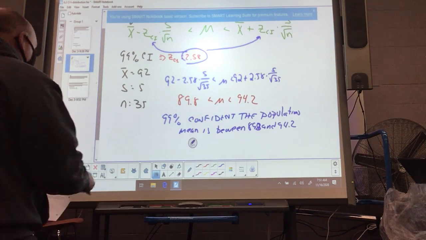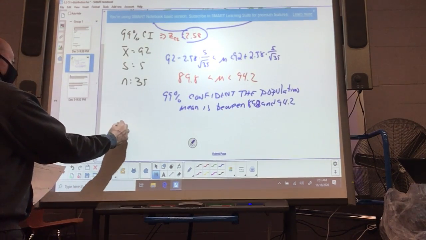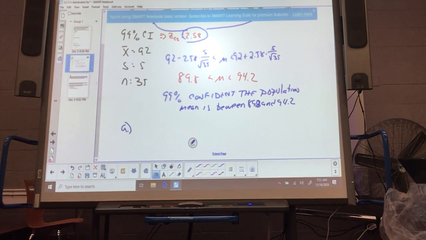Now, part A, we skipped over part A. What's the best point estimate for the mean? We have to go back to what is the best point estimate. What is our best point estimate, Brooke? 92, the sample mean.